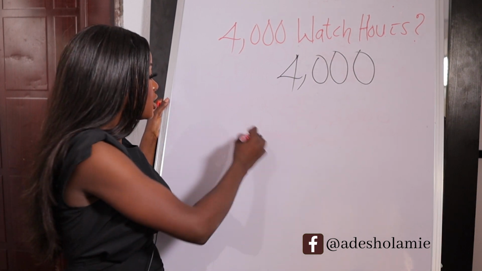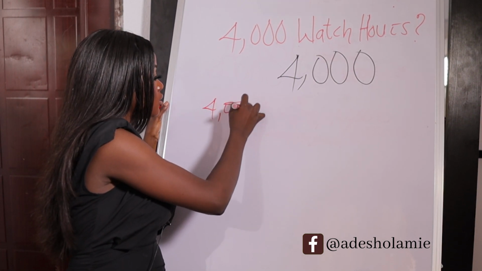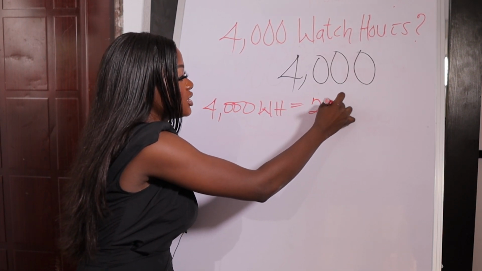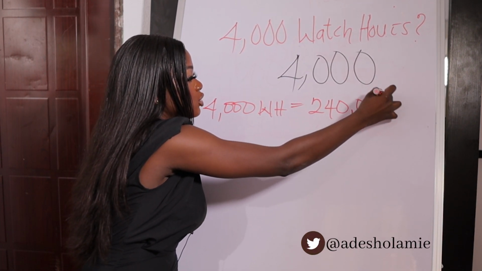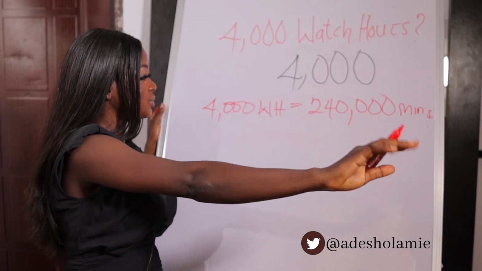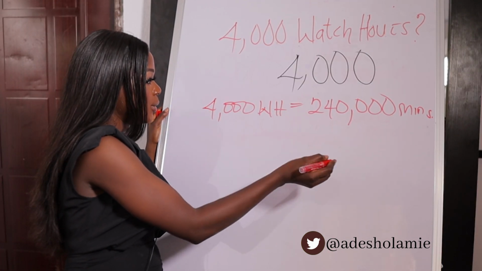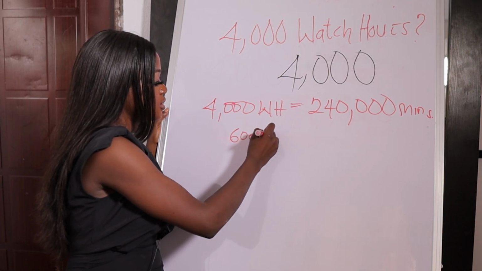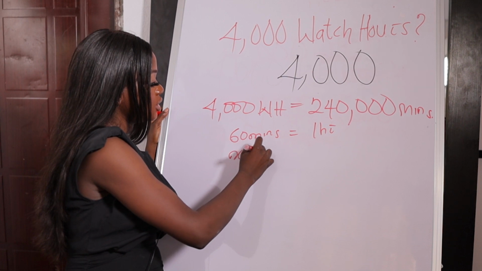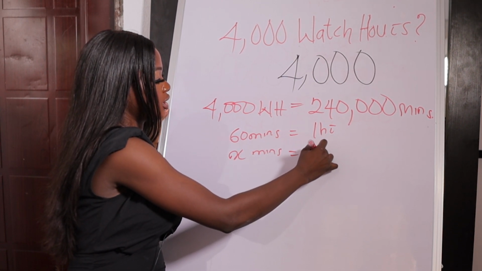Now, when we talk about 4,000 watch hours, what we mean is 240,000 minutes. And I'm going to show you how this is calculated. We know that 60 minutes equals 1 hour. So X minutes equals 4,000 hours.